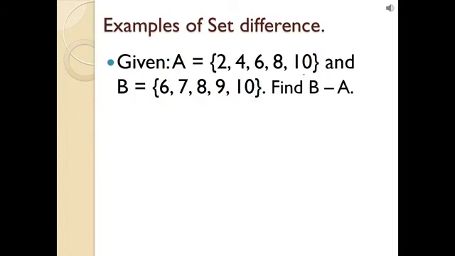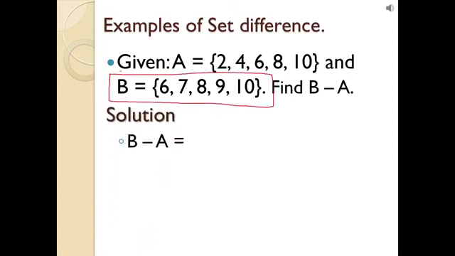Let's have an example. Let's reverse now. What is B minus A? So my focus now is on B. Let's write down the number 7. Why? Because the number 6 should not be included. B will deduct that. The number 7 should be written there.